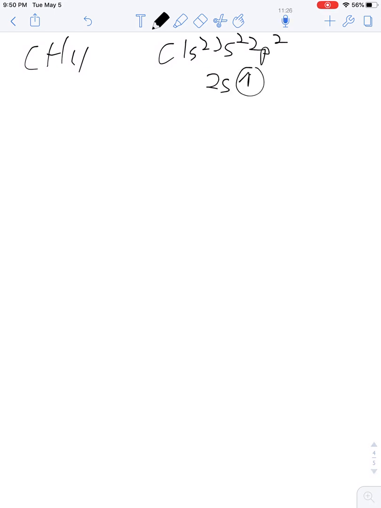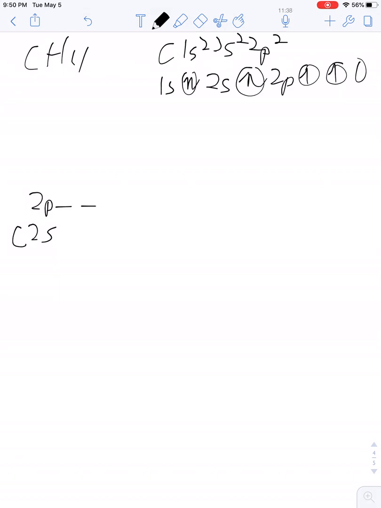But if we do the orbital diagram, we see that we actually have 2 unpaired electrons. So I could see why methane or carbon would bond with 2 hydrogens, but why 4?